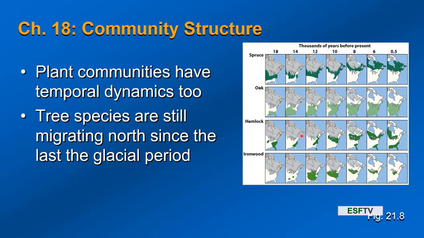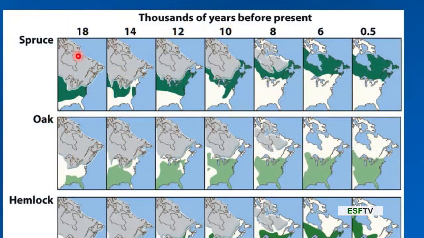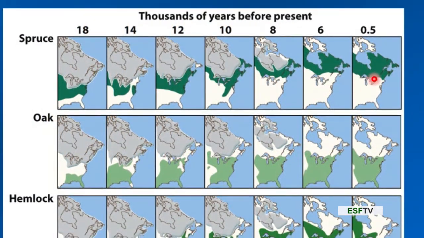So here is some data from pollen records in ponds looking at what tree species were present on the landscape from Florida up into Canada from 18,000 years ago up to about 500 years ago.